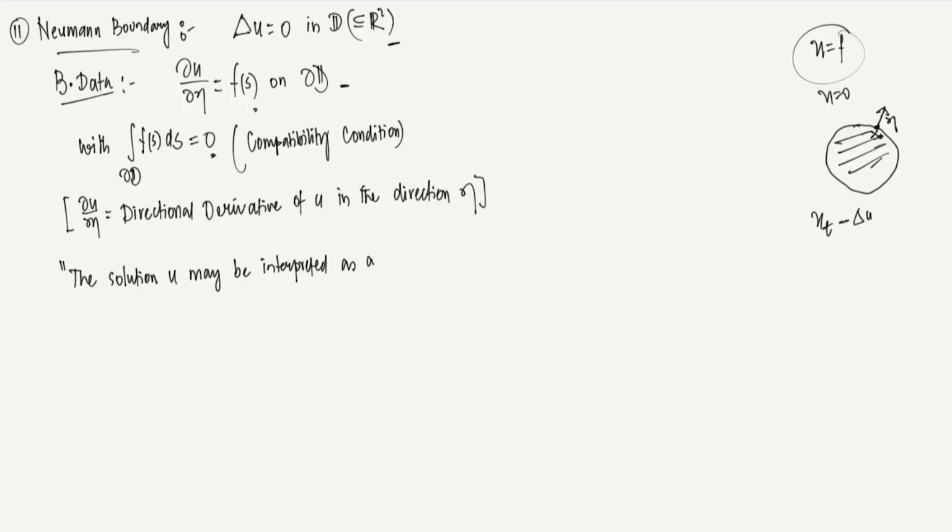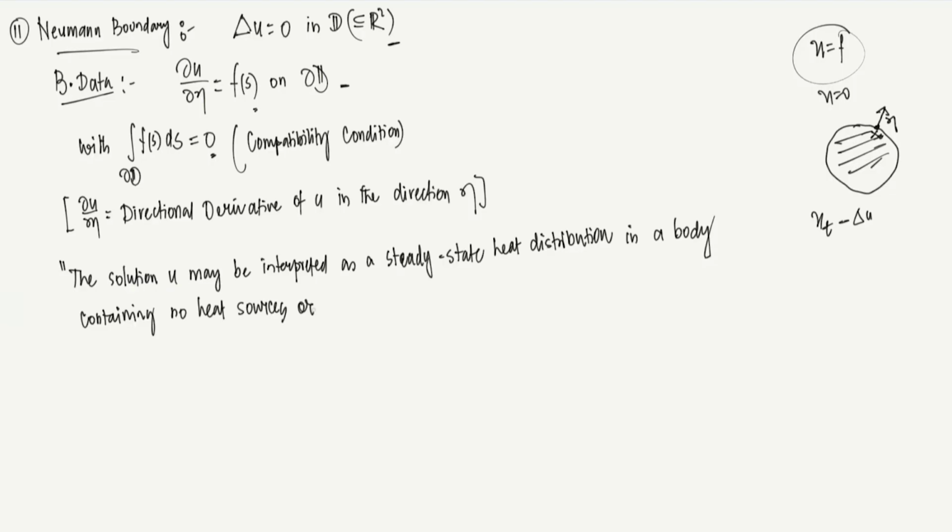So essentially the solution u may be interpreted as a steady state heat distribution in a body containing no heat sources or heat sinks.